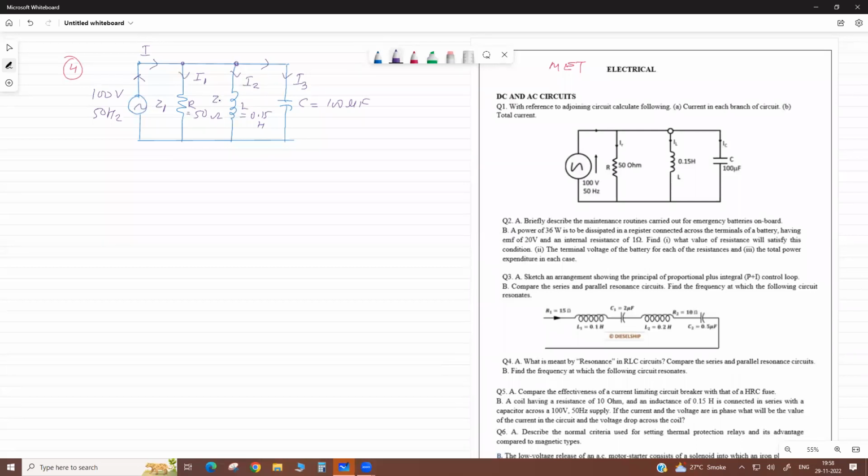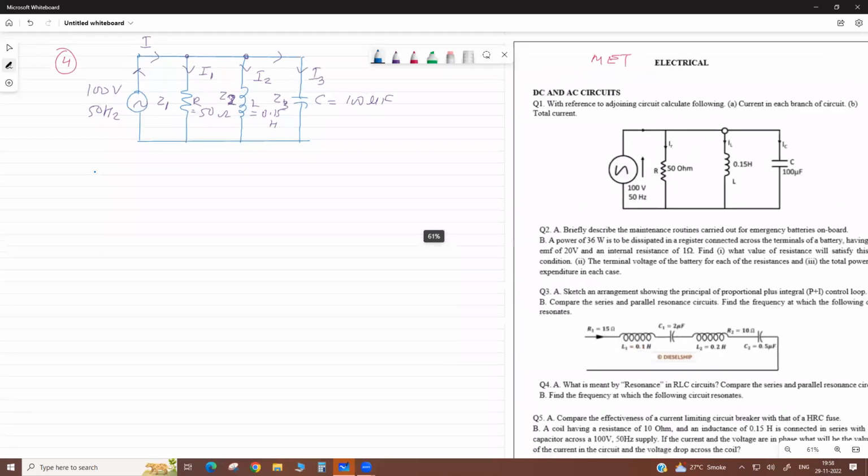In AC we use impedance. Okay, 2 and 3 impedances. Actually we can do it directly, but it is better if you do it with polar and rectangular form, so that we get the power factor also easily.